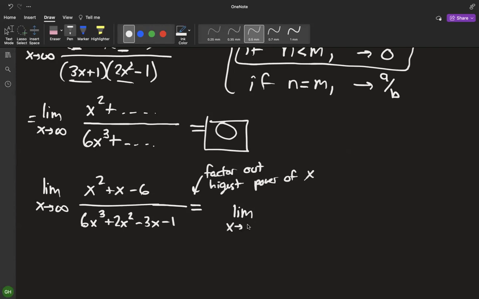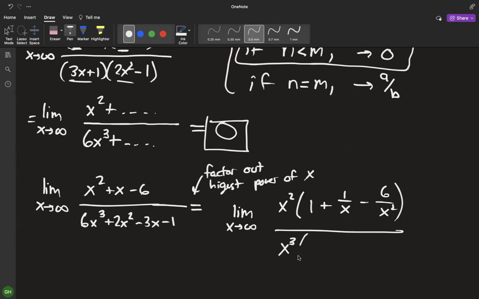Limit as x goes to infinity of x squared times, if I take out x squared, I get 1 plus 1 over x minus 6 over x squared over x cubed, 6 plus 2 over x minus 3 over x squared minus 1 over x cubed.